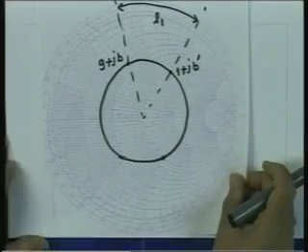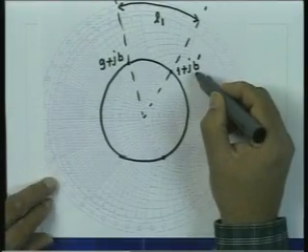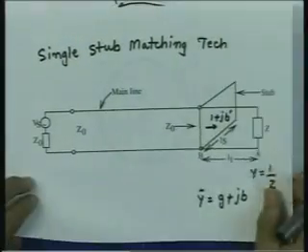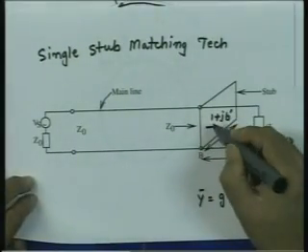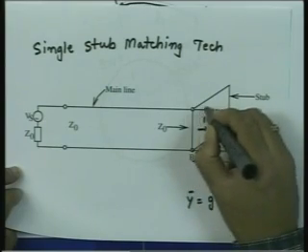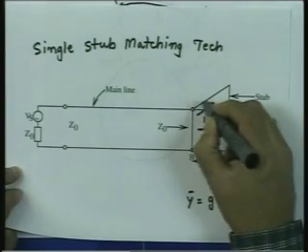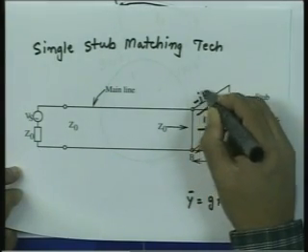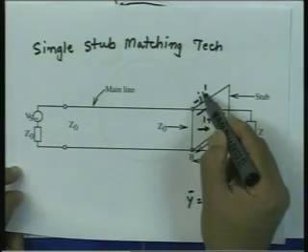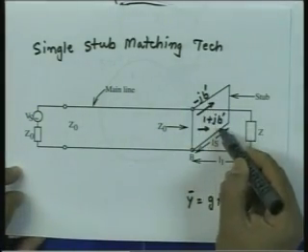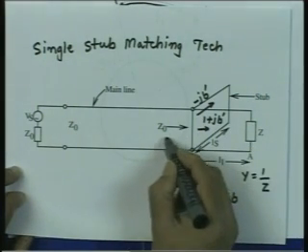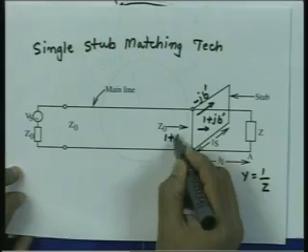To cancel this reactive part JB prime, the stub which I have connected in parallel must have a susceptance which is minus JB prime. So, when the two are connected in parallel, 1 plus JB prime added with minus JB prime, the JB prime cancels, and I will see beyond this point a normalized admittance equal to 1 plus J0.